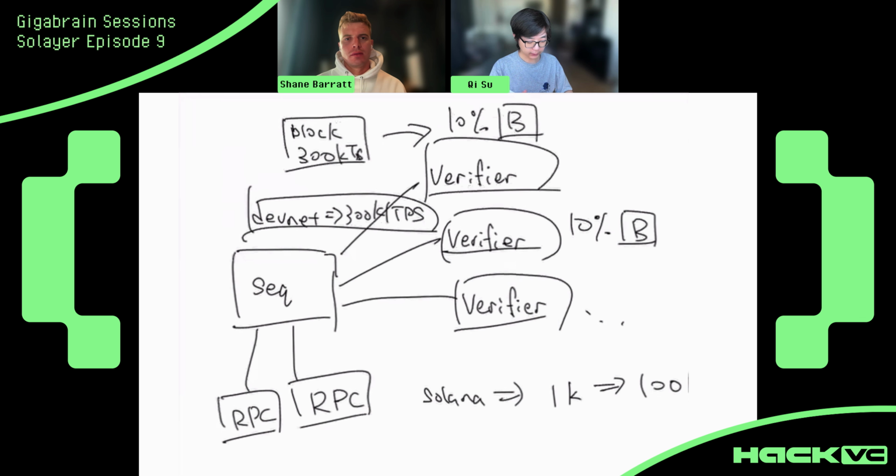Yeah, so when we publish the block, we will also publish the account changes of every single transaction of every batch of transactions. So if you are the second 10% of the block, you will receive the first 10% of the state changes, and then you will start verifying from that.